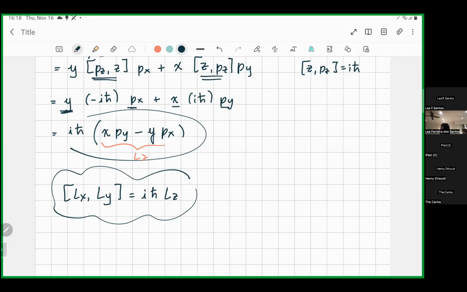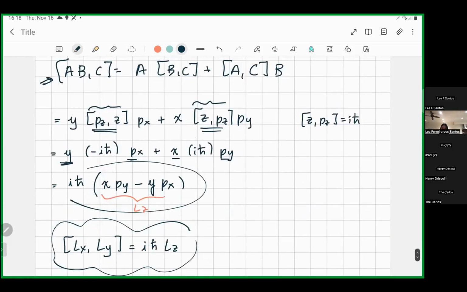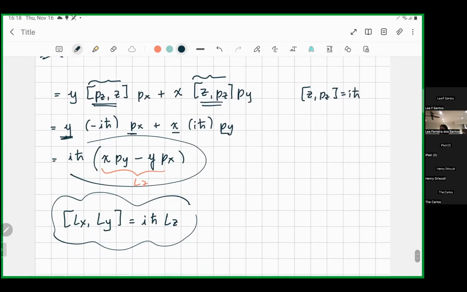And you can repeat what we've done here for all the others, and you will find a pattern which goes like this, cyclically. From x to y, I get the z. Now if I go from y to z, looking at the commutator Ly, Lz, what I get is iħ Lx.